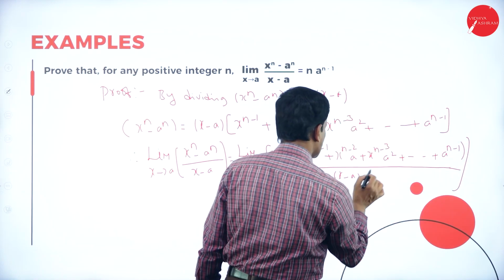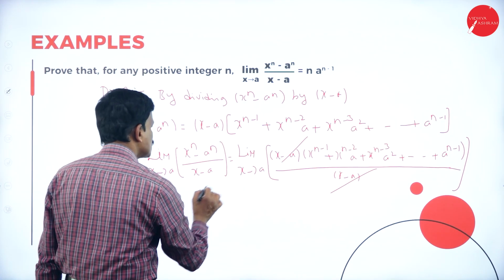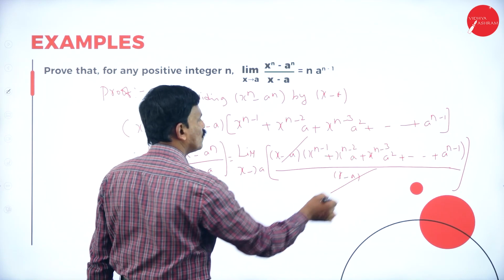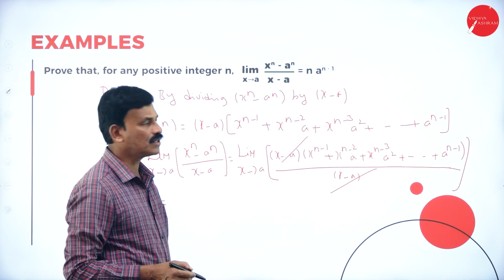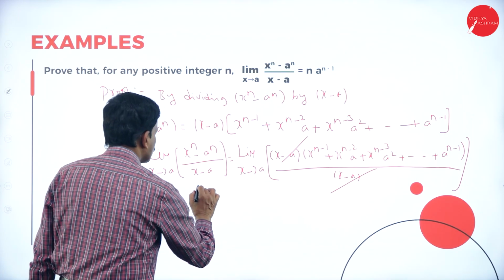Now this x minus a and x minus a get cancelled. What is left over is limit x tends to a of x raised to n minus 1, x to the power of n minus 2 into a plus x to the power of n minus 3, etc., a to the power of n minus 1. Now put x is equal to a here.